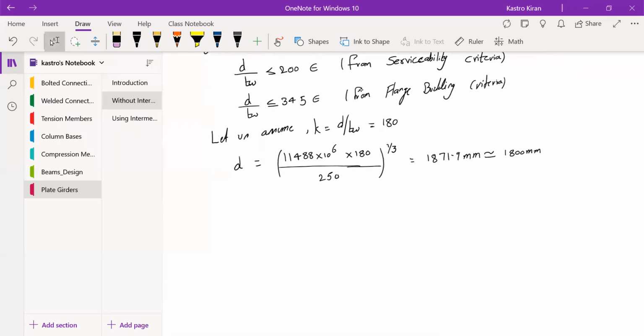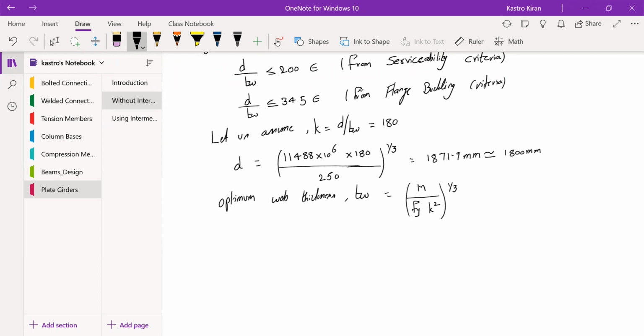Now let's find out the thickness of the web. The optimum web thickness tw equals (M upon fy into k square) whole power 1 by 3.